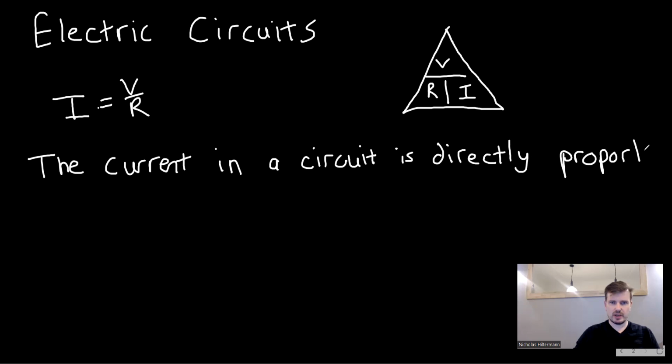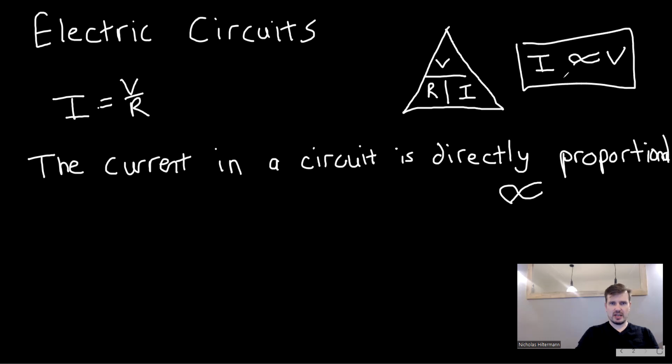Now, there's a much quicker way of writing this. That, right? That means directly proportional. This little backward swimming fish. So I could write that as just I is directly proportional to V.